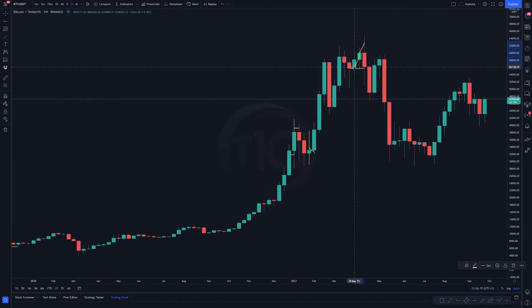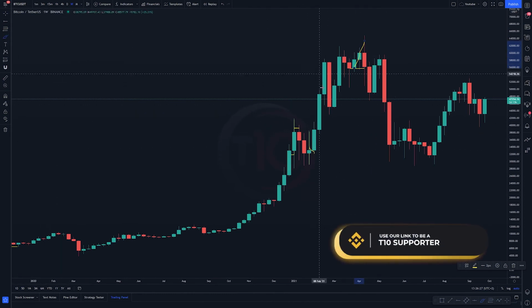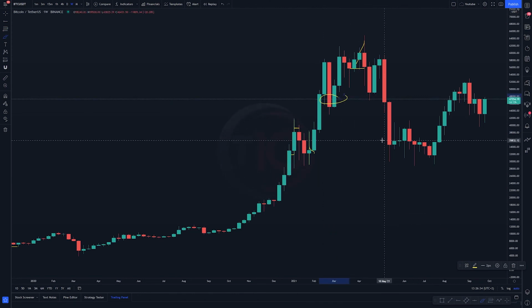Lose the high range, and we went back the entire move back to here. So we could of course hold the higher low of the previous one. So we did, but it was just for a retest. And then we did the big dump.